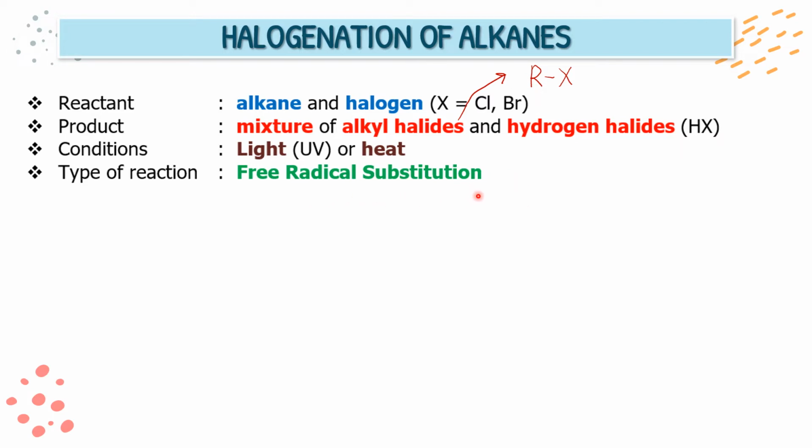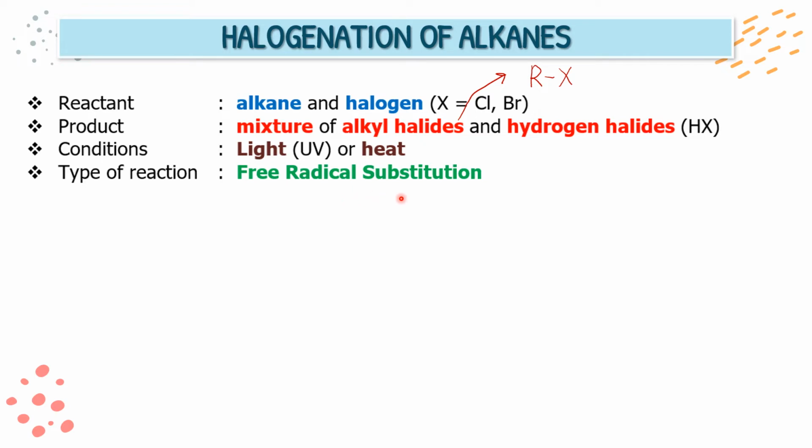So, please pay full attention over here. If the question asks for the name of reaction, the name is halogenation. But if the question asks for the type of reaction, it's free radical substitution.